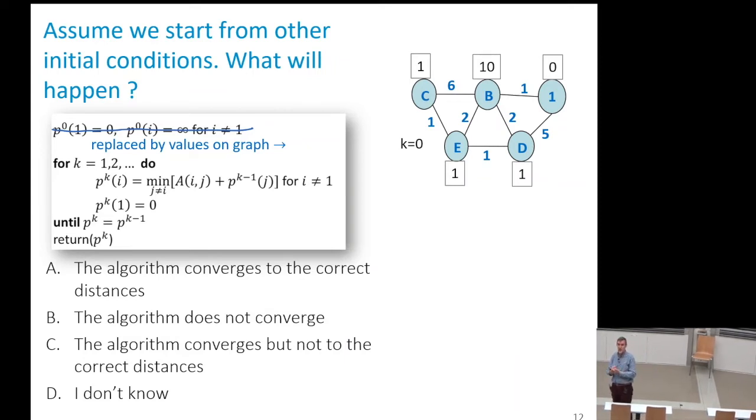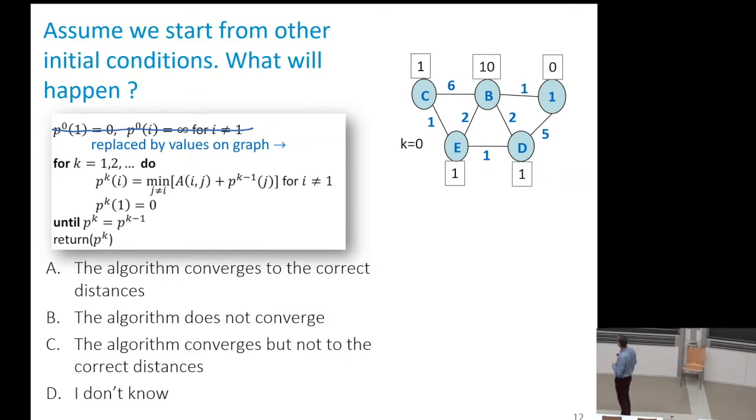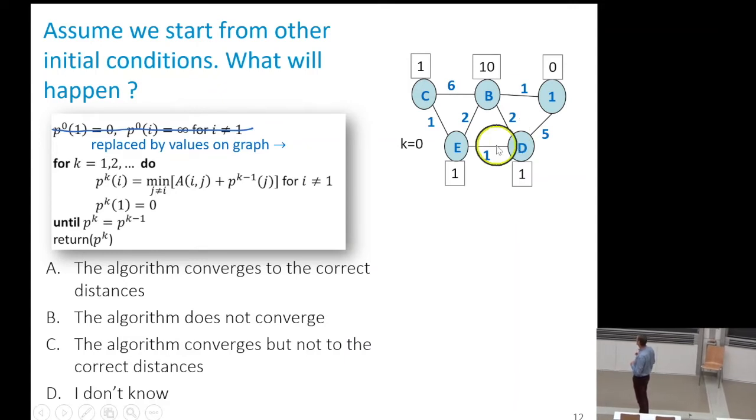If we want to catch that, one way is to reset the network by discovering there is a change and then say, oh, you should not use those values, they corresponded to the previous things. How can we do the reset and how? That's the question. What will happen with this algorithm if we don't do a reset? If we say, okay, let me run exactly the algorithm that I've shown here, but the values are those ones.